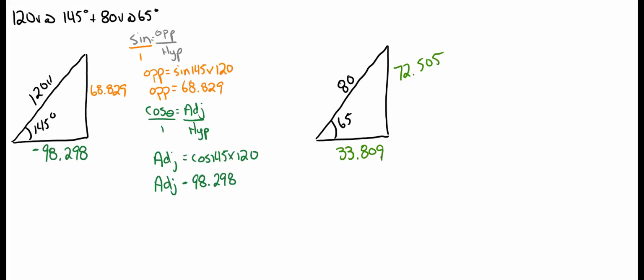Is that what we would have expected? Yes, because with an angle of 65 degrees, that puts me into the first quadrant, which would give me positive values on both my horizontal and my vertical.